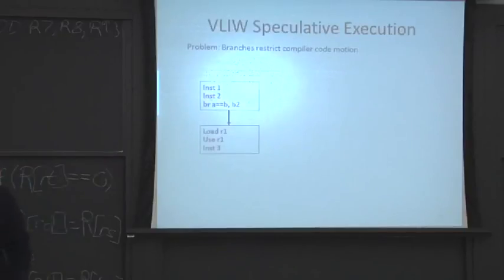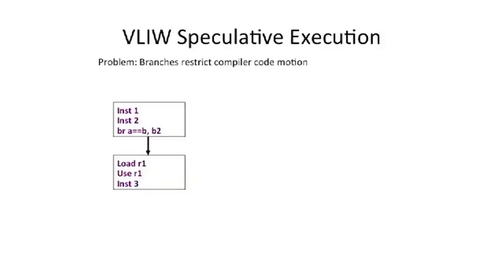OK, so let's look at our first technique to get at instruction level parallelism, and our first type of speculation in VLIW processors. What's our challenge here? Well, the presence of a branch is going to restrict the forms of code motion the compiler can do.